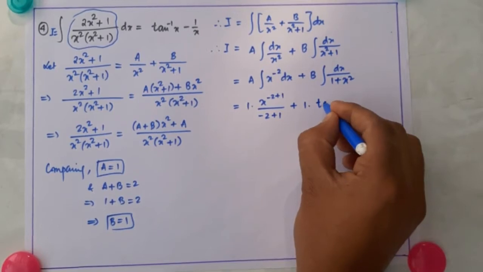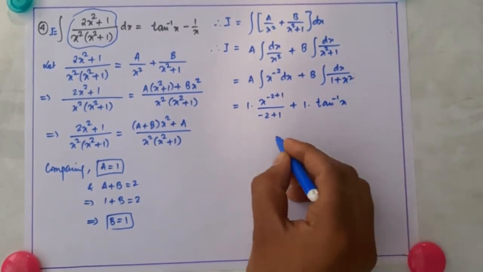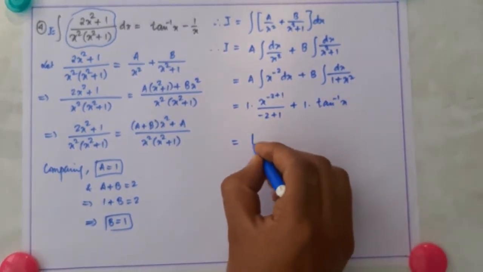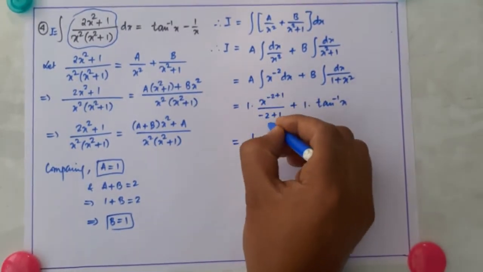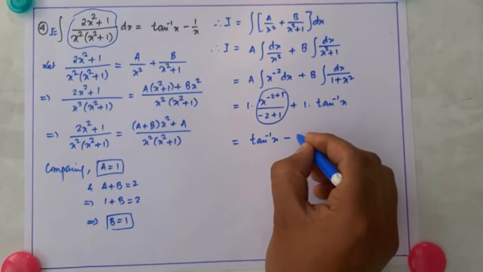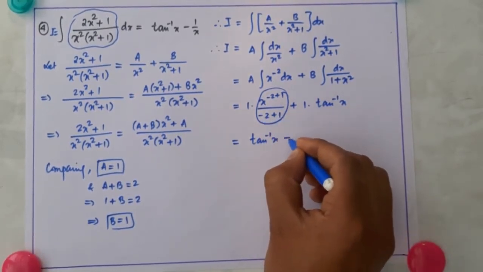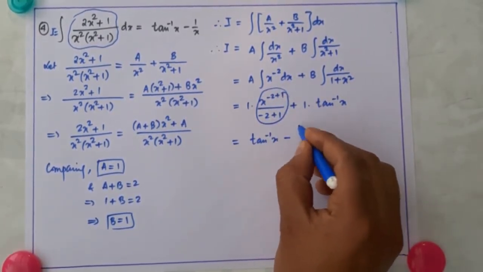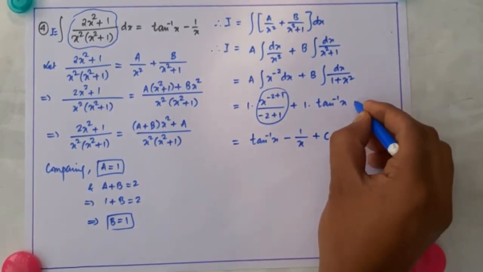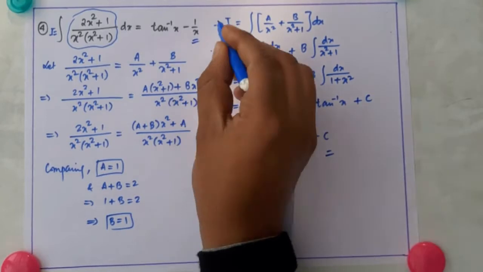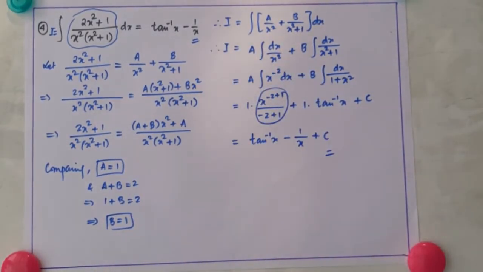Now this is tan inverse x, isn't it? Direct formula. So 1 into tan inverse x is tan inverse x, minus, this is x to the power minus 1, which is 1 by x, isn't it? We'll put a constant of integration here, so that's what we need to verify. So you may pause the video and note it down.